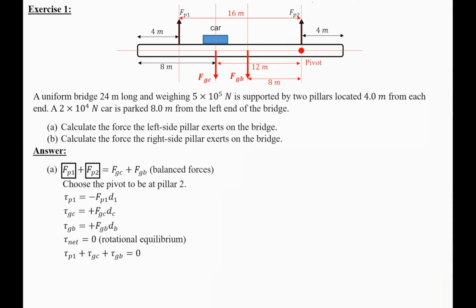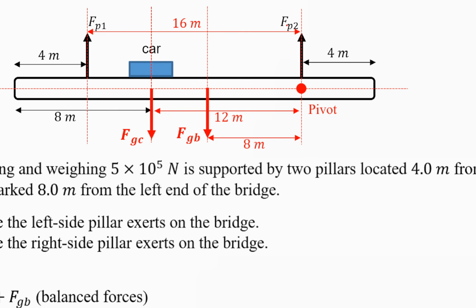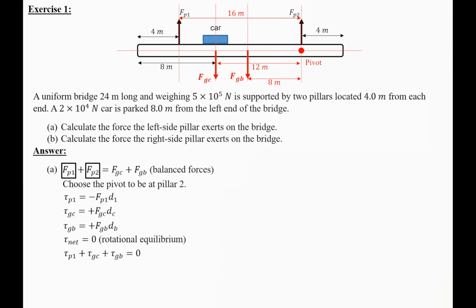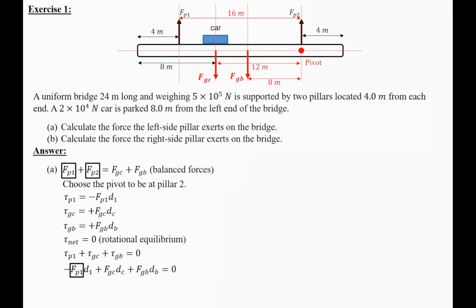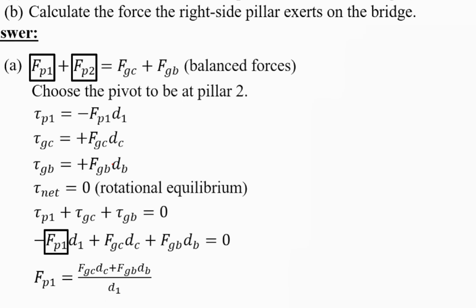I repeat again, we didn't include tau of P2 simply because the line of action of FP2 passes through the pivot point. Now we replace all of these three expressions in this linear equation, and we need to isolate for FP1, so we move these to the other side. We would have minus FP1 D1 equal to minus FGC DC minus FGB dB.